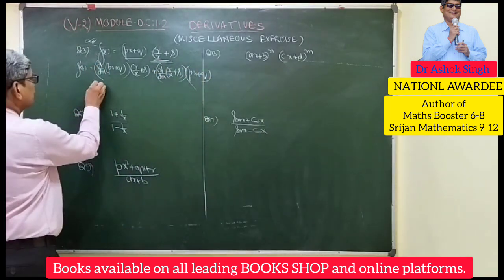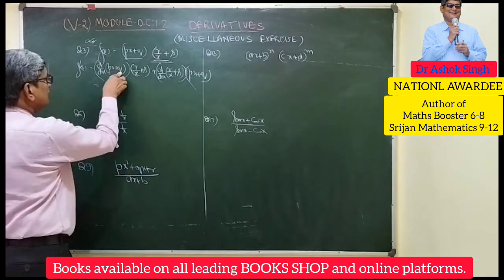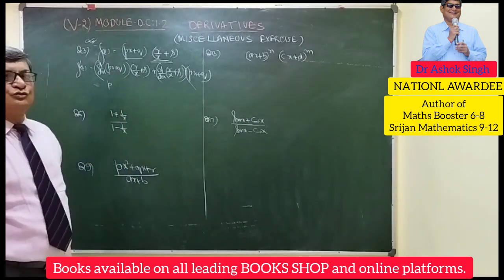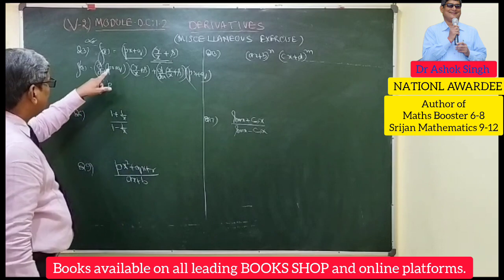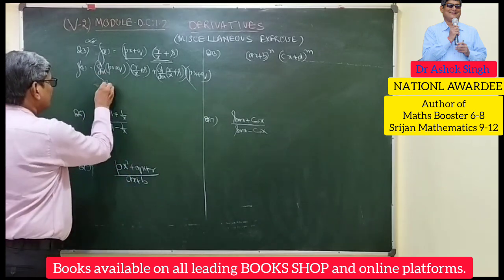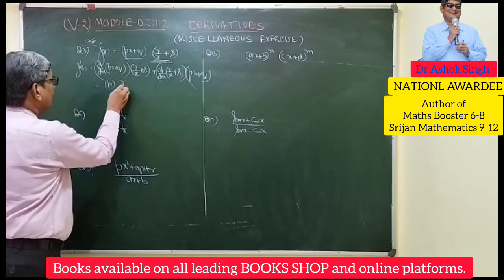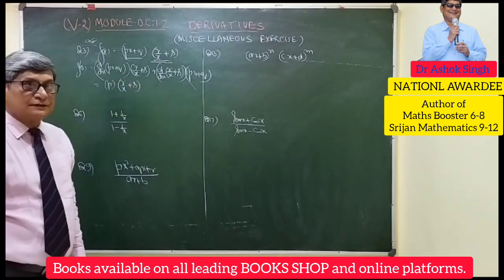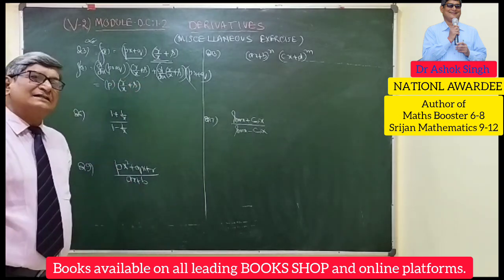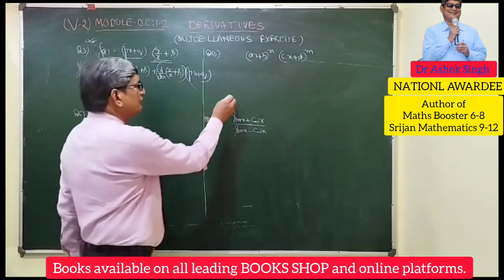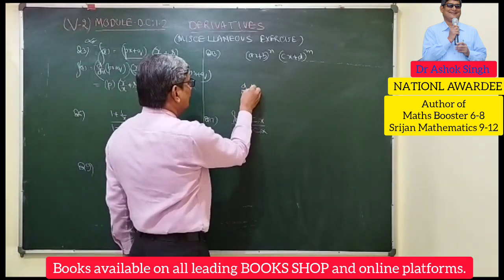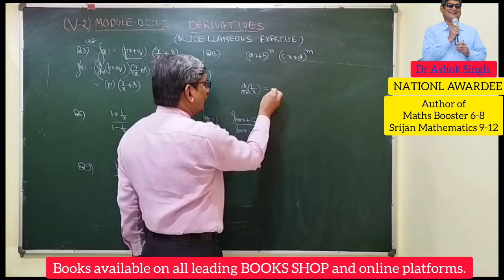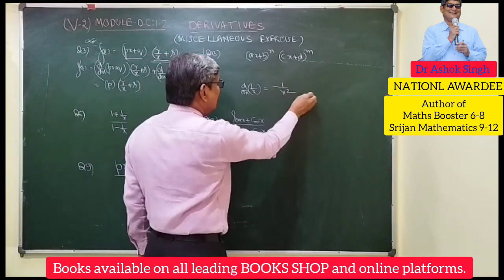Now d dx of first, it is p, because the differential coefficient of q is equal to 0, d dx of x is equal to 1. So the first one is p r by x plus s. Second one, 1 by x. What is the differential coefficient of 1 by x? 1 by x, if you want, you can always have minus 1 by x square.